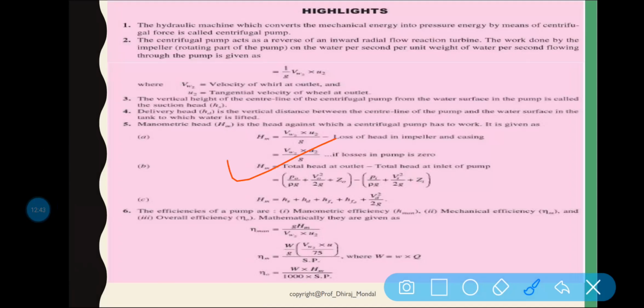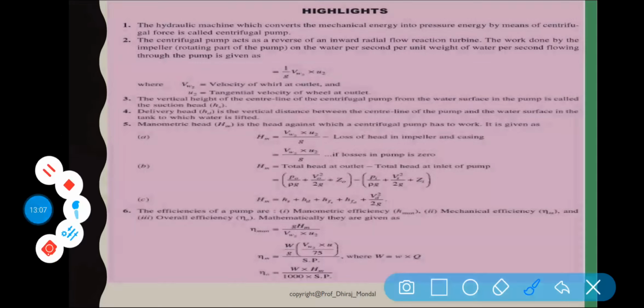In terms of Bernoulli's theorem, you can also put total head at outlet minus total head at inlet, and in terms of suction head, delivery head, frictional loss in the suction pipe, frictional loss in the delivery pipe, and at the outlet the kinetic head. So in terms of that head you can also find it out. Okay, this is your HM.